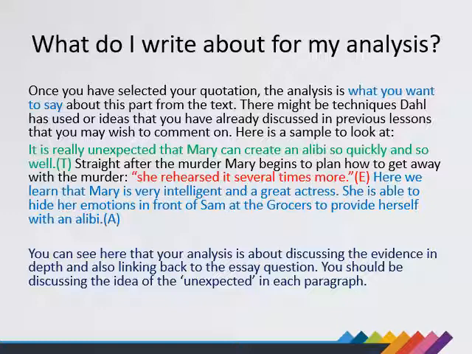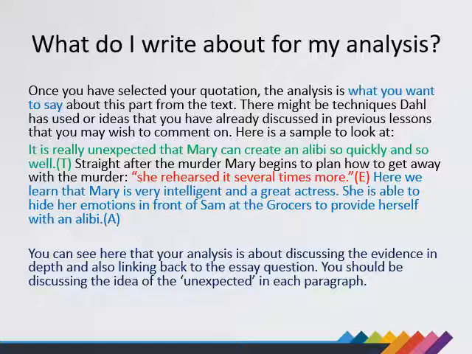There might be techniques that Dahl's used, or ideas that you've already discussed in previous lessons that you may wish to comment on. Here's a sample to look at, which is the paragraph about Mary's alibi. The topic sentence might be, it's really unexpected that Mary can create an alibi so quickly and so well. The evidence chosen might be, "she rehearsed it several times more."